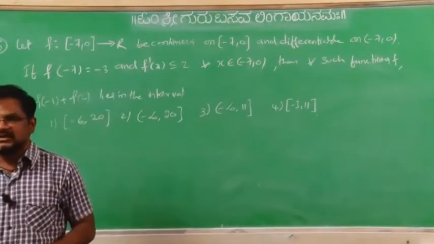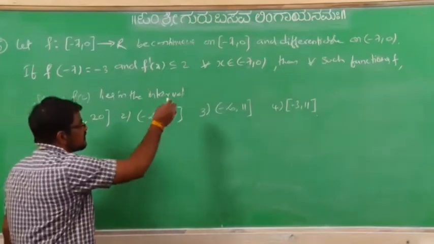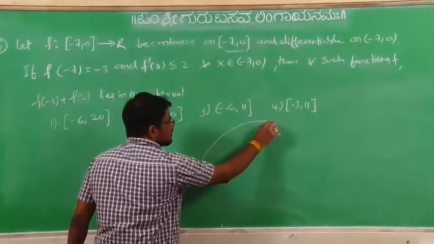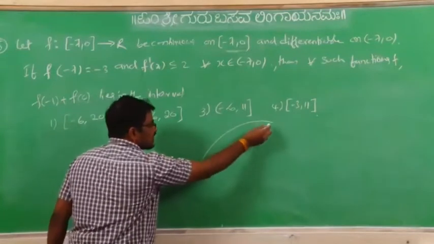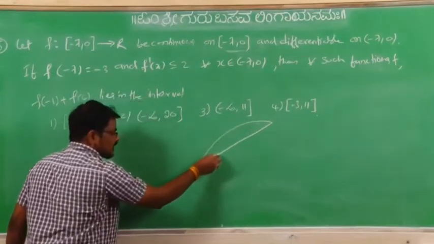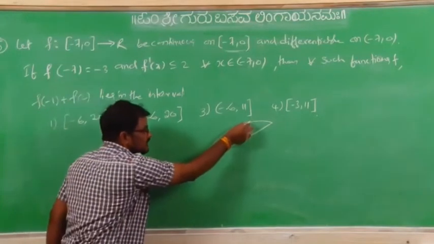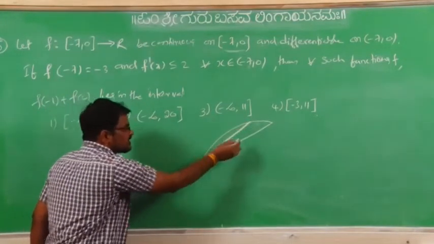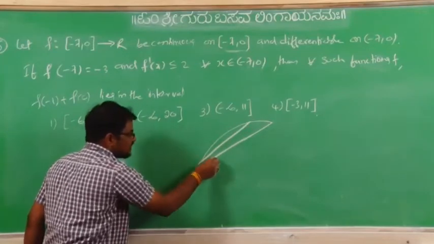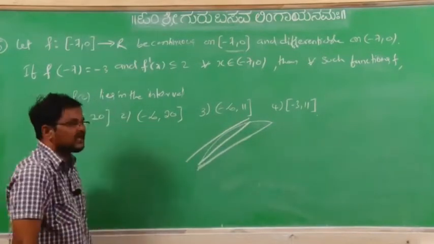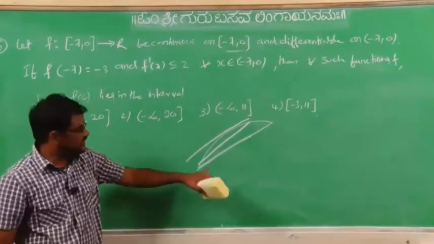Lagrange's mean value theorem. So Lagrange's mean value theorem, suppose this is the curve, it exists up to here also. If you take this one, for this one also any one point will be there where, if you take the tangent, that is parallel to this line.